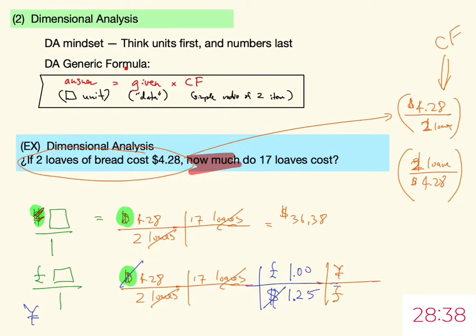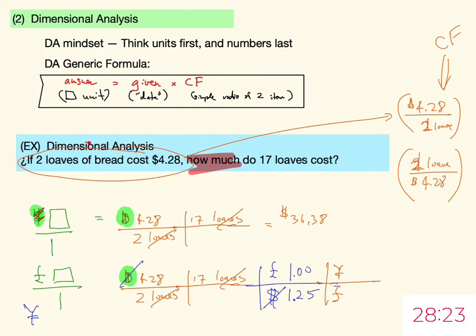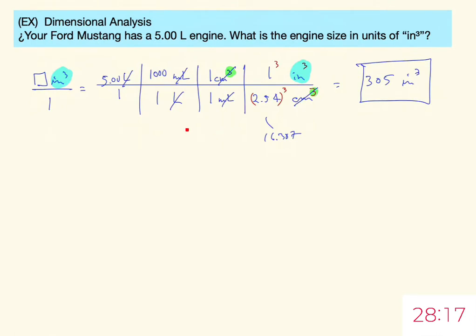The second way to work it is dimensional analysis, where you pay attention to the unit that you need. And here's an example, and this is also in the video, of how to use dimensional analysis. The key thing is, algebraically, you are working from a formula. Dimensional analysis, you are working from the units. Very different approach. See, a Ford Mustang has a 5-liter engine.